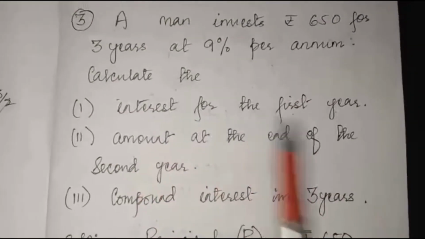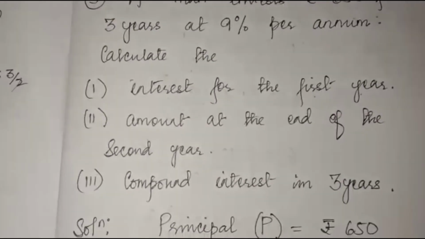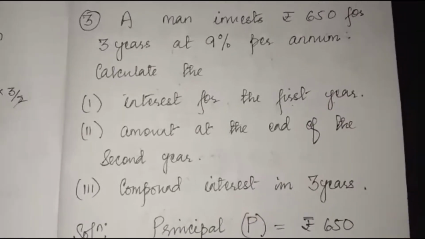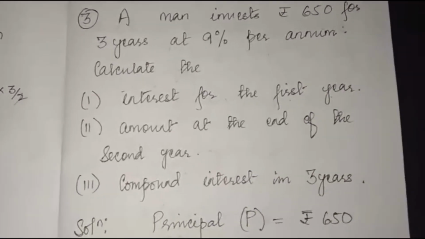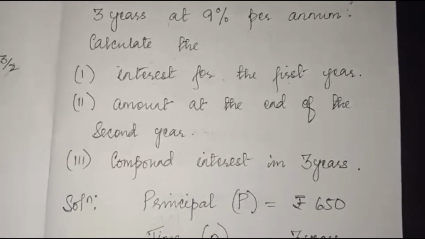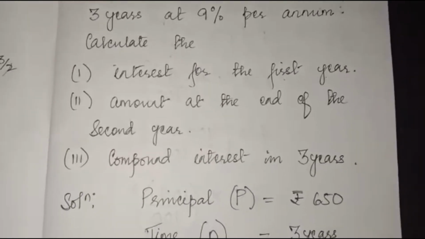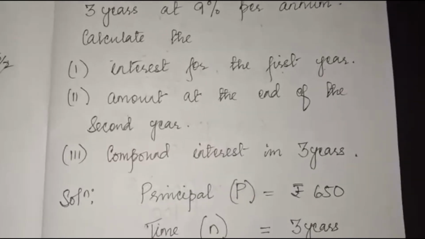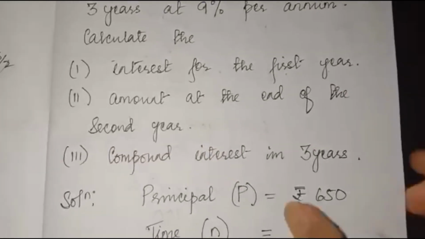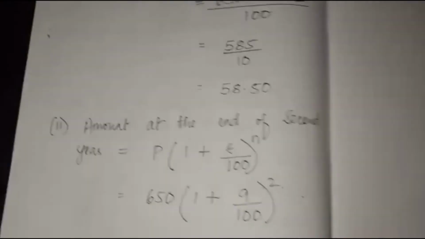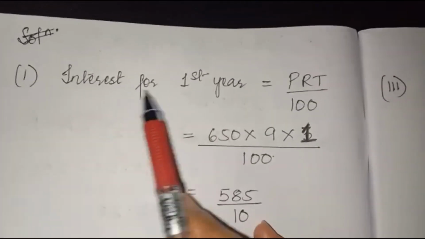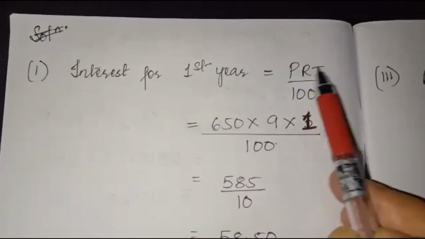First you have to find interest for the first year. Here interest means compound interest, but when the interest is calculated at the end of 1 year, means annually, then compound interest and simple interest will be the same for the first year. Only for the first year, compound interest is equal to simple interest. So instead of using the formula of compound interest, the formula of simple interest is very easy. Interest for first year is PRT over 100.